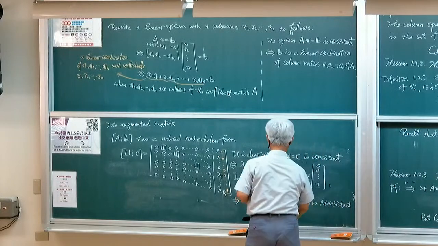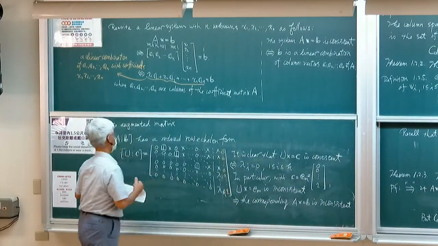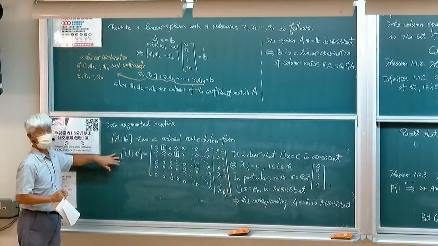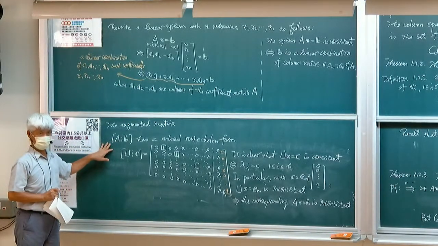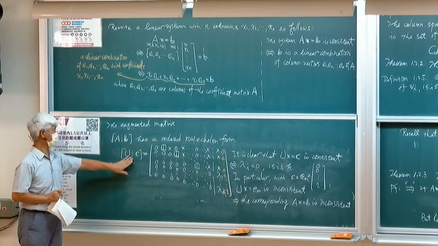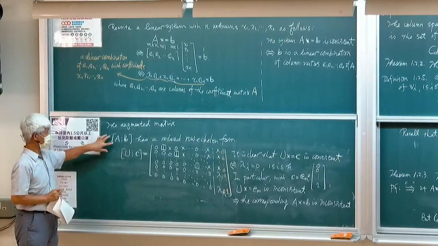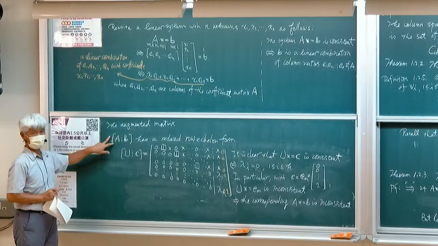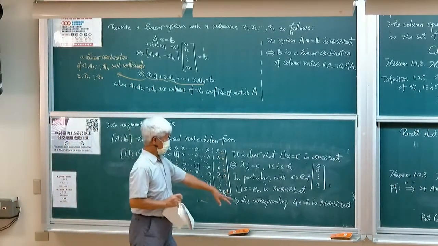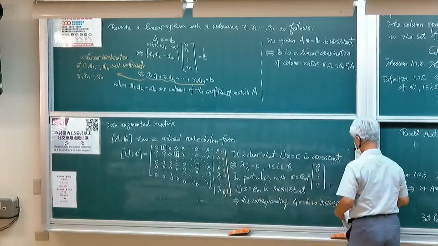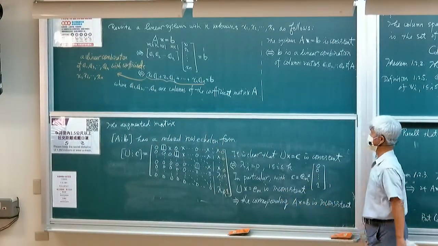Why? Because these two linear systems have the same solution set. So if the solution set for this linear system is an empty set, then the solution set of this linear system is also the empty set. So it's inconsistent.